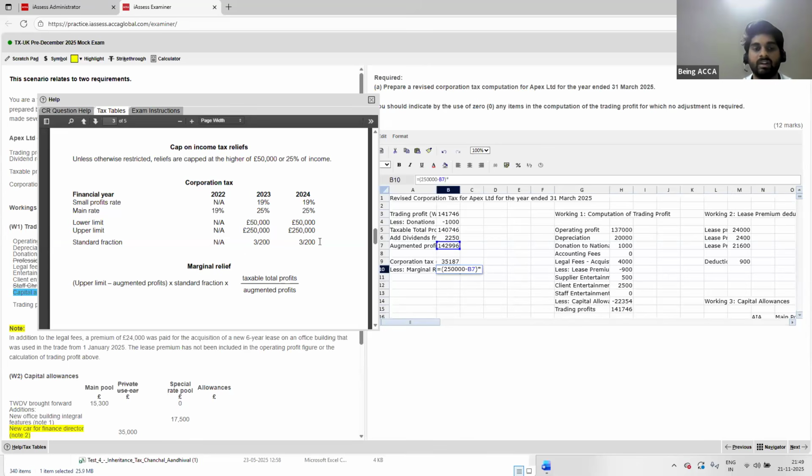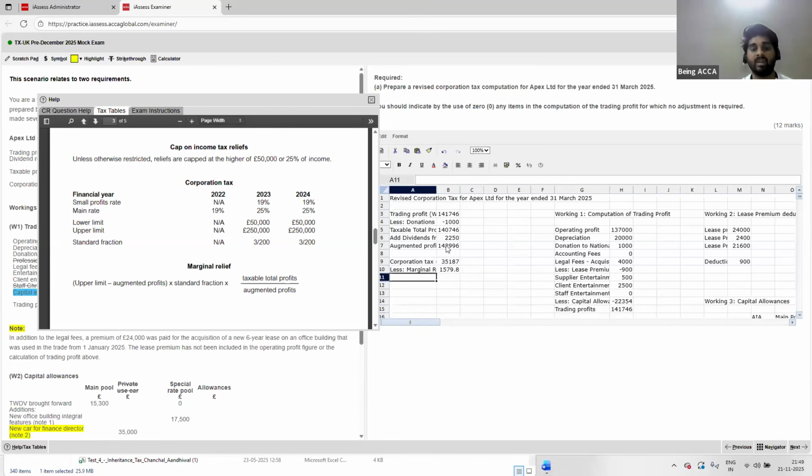The standard fraction is also given to you. We'll be taking the 2024 one because this is what is relevant to us, 3 by 200, into the taxable total profits divided by the augmented profits. This value will give us a marginal relief of 1,579.